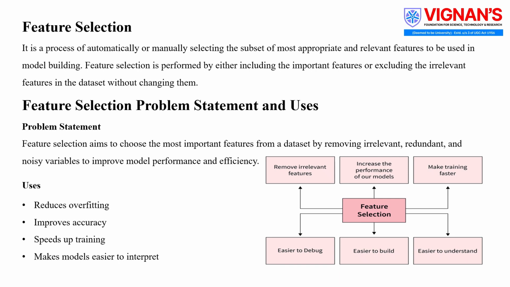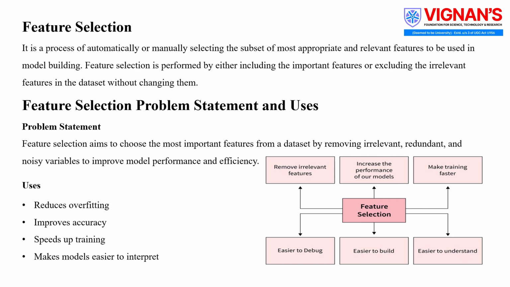The picture illustrates the benefits of feature selection in machine learning. At the center of the diagram, there is a box labeled Feature Selection. From this central box, arrows point outward to several advantages. On the top side, 3 benefits are shown. Remove irrelevant features. Increase the performance of our models.